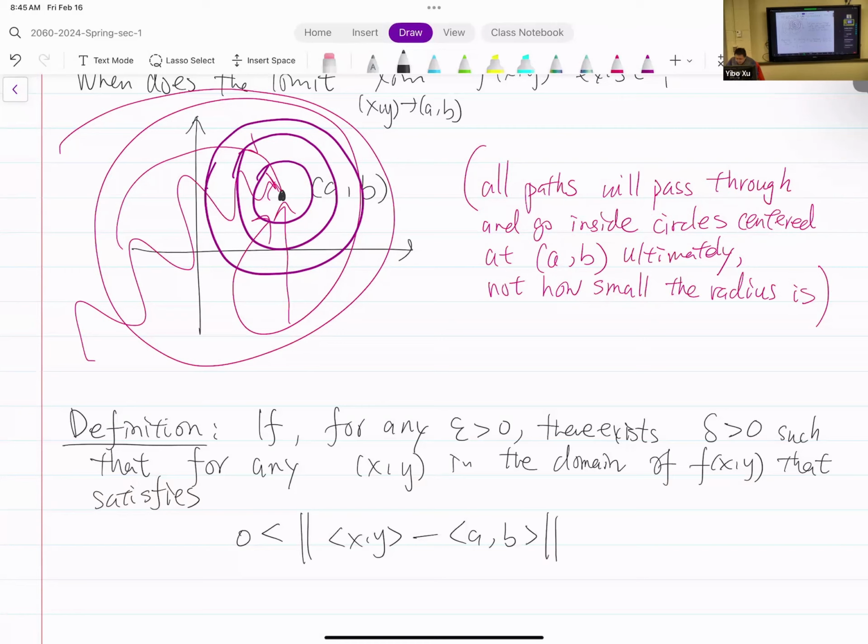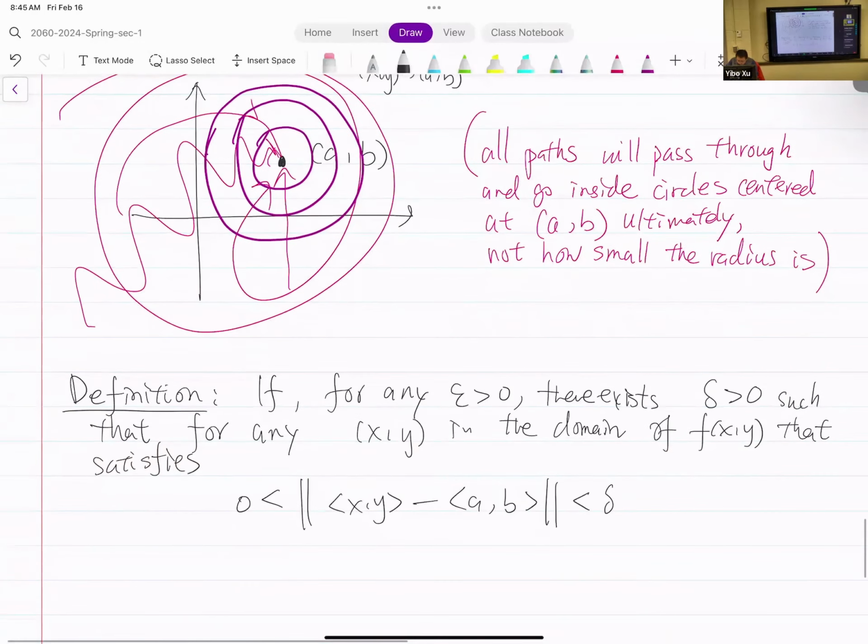So we're just writing it in the vector form. When we say it's close, the point is different from the point AB, but it's within the delta, the radius. So this magnitude is exactly the distance from the point xy to the point AB.